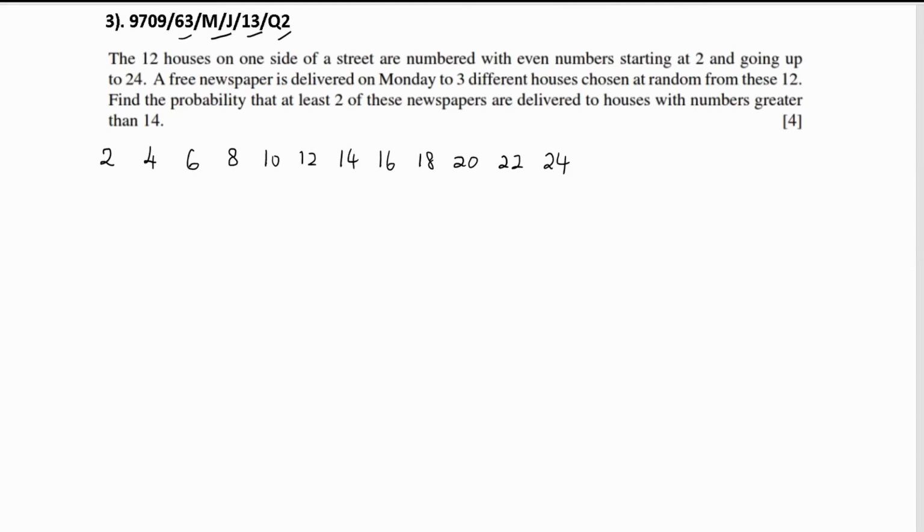So what do we want? We want at least 2 of these newspapers delivered to houses with numbers greater than 14. For numbers greater than 14, we have altogether 5 houses. Those less than or equal to 14, there will be 7 houses.